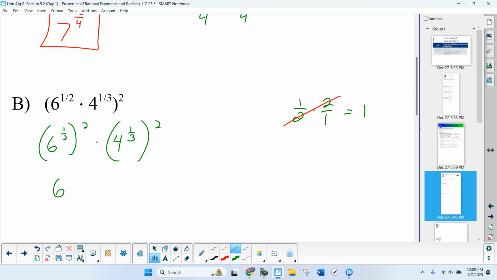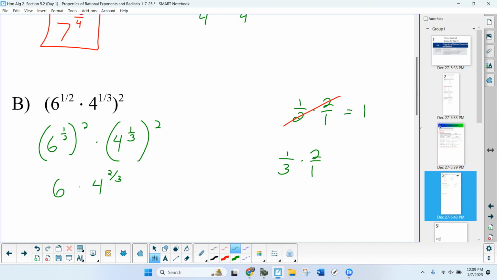So 6 to the first, or just 6, times, and then what do you get here? Careful, you have 1/3 times 2 over 1. So multiply across the top and across the bottom. 2/3. Good.